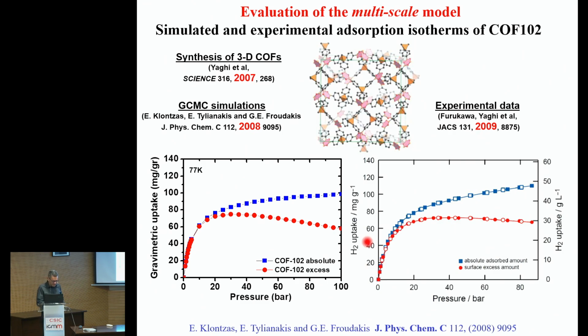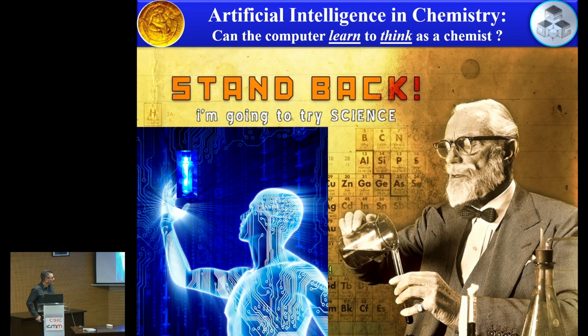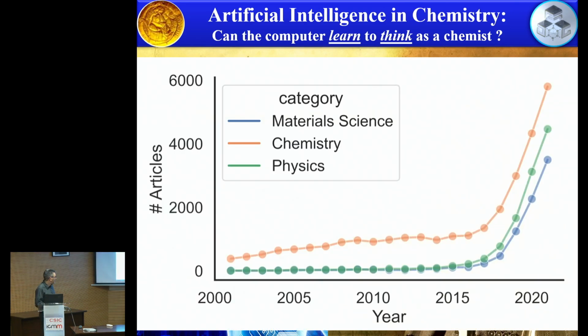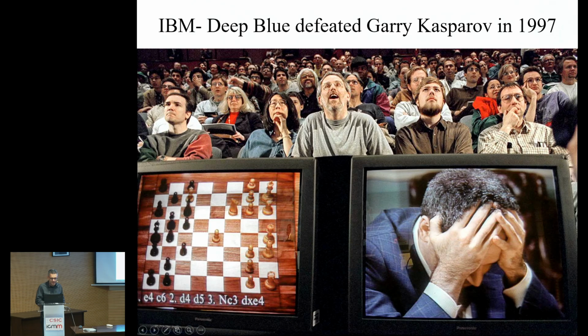And this is a problem, because now we are coming into the years of AI. And as you can see here, these are the published papers per year on artificial intelligence in chemistry, material science, and physics. You can see that after around 2000, it's rapidly going up.